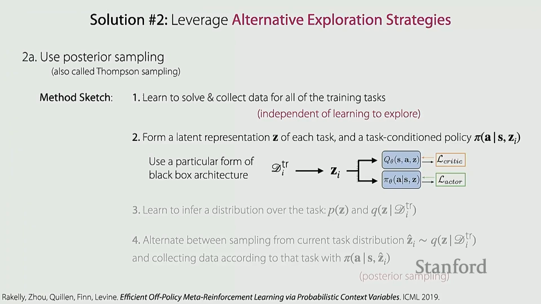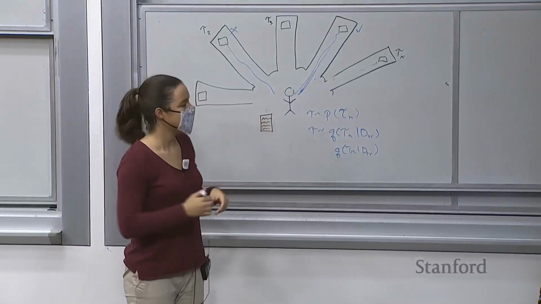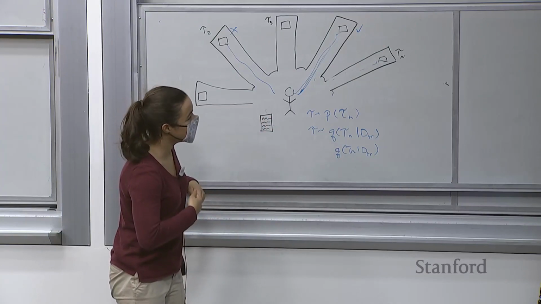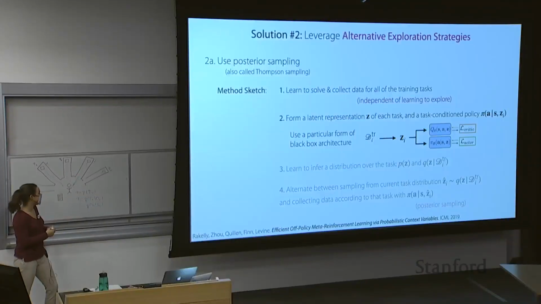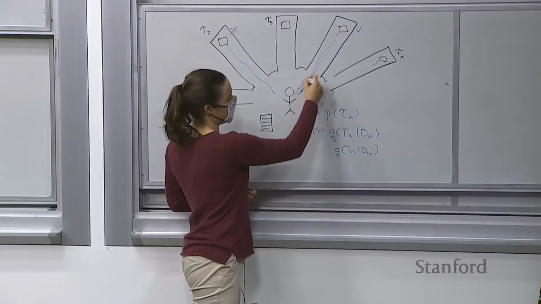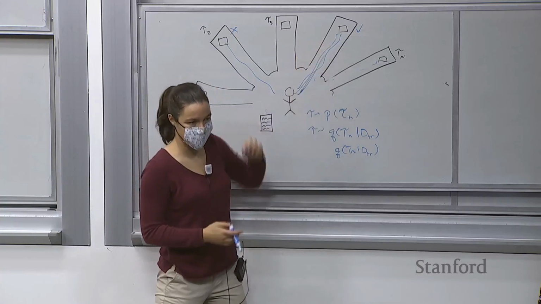One thing that will make this step easier is, in this case, we're going to use an off-policy approach to learning the training tasks. And we'll maintain a replay buffer, a data set, for each of our tasks. Once we sample dtrain from that replay buffer, that buffer will contain some trajectories that do actually solve the task.